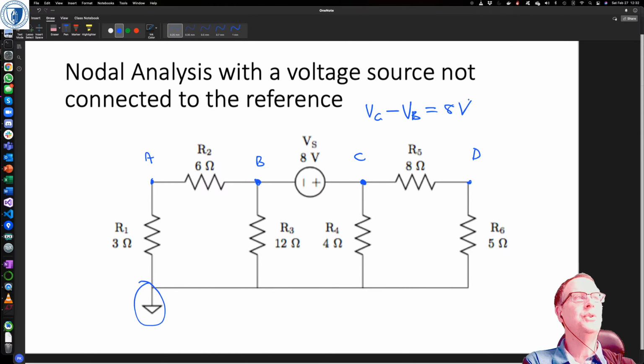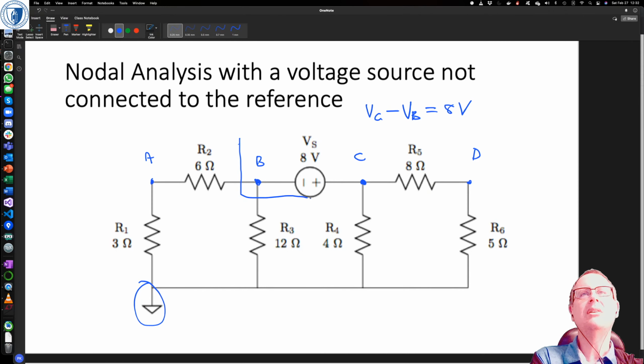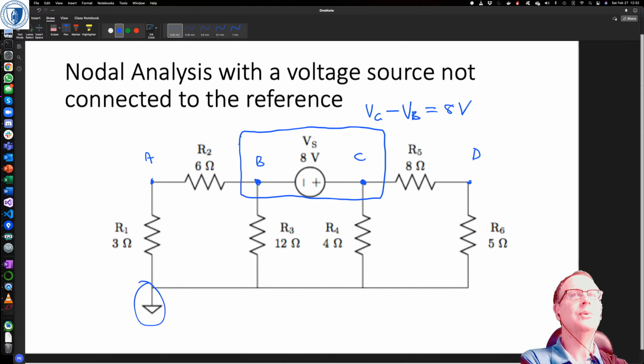And the equivalent idea to a super mesh in nodal analysis is a super node. What we do is we just draw a box around the two nodes that are on either side of the voltage source and say, forget what's inside the box. Kirchhoff's current law still has to hold, right?